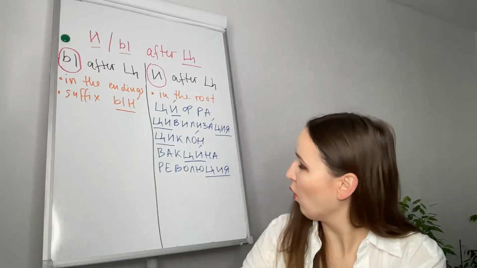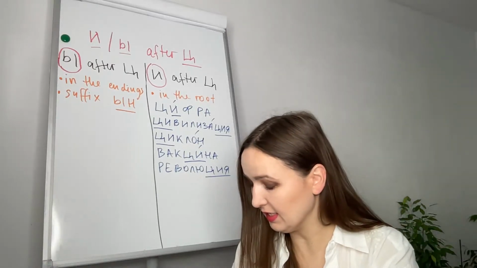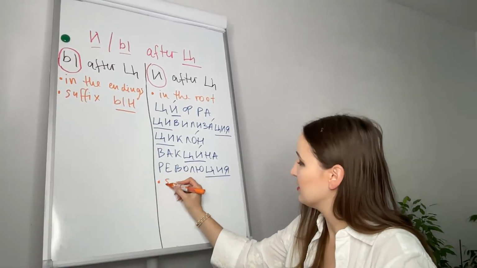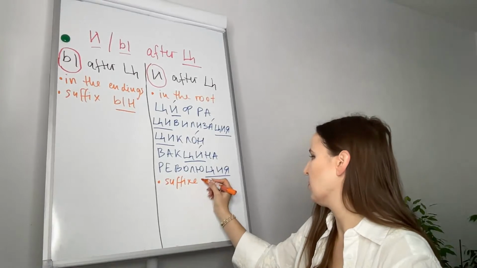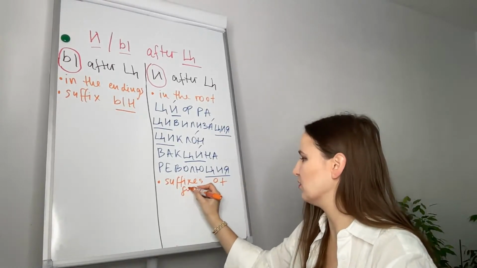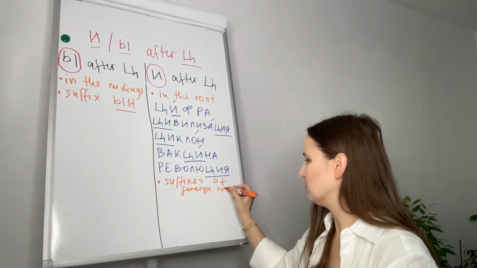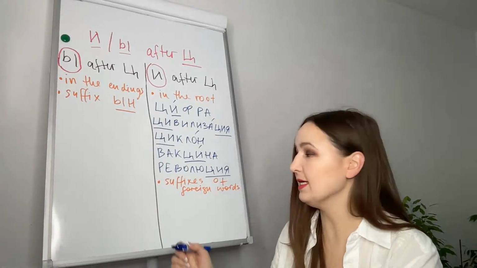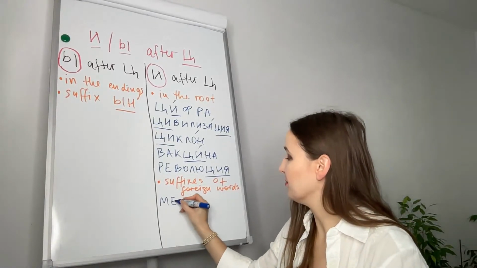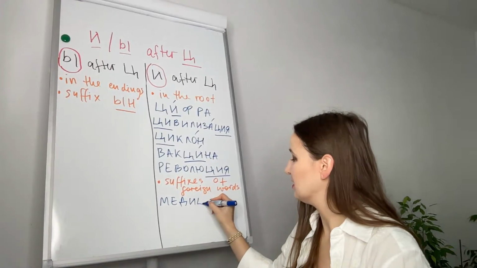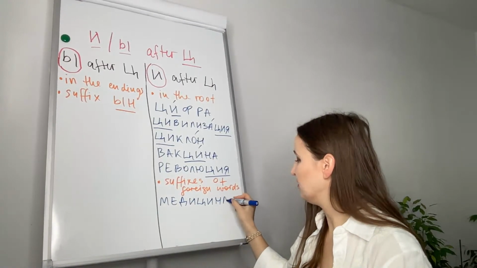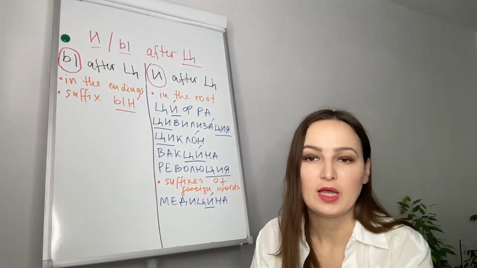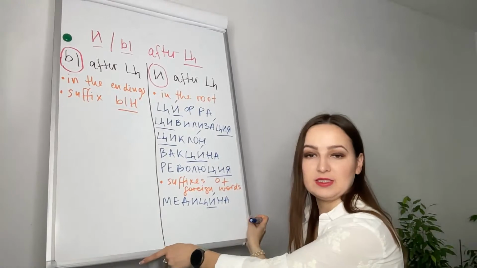Also, we write И in the suffixes of foreign words. Like, for example, медицина, medicine. Foreign word.